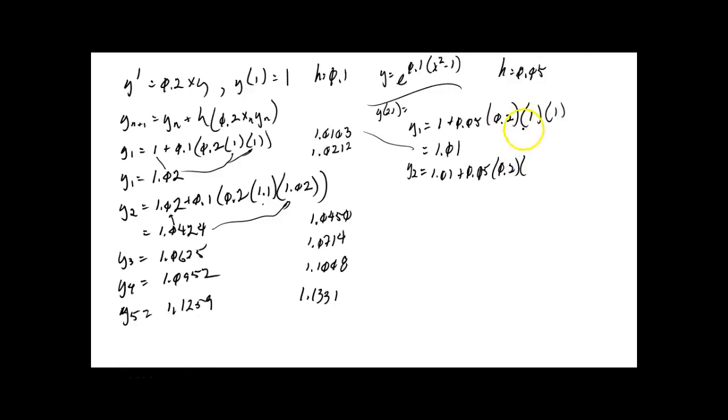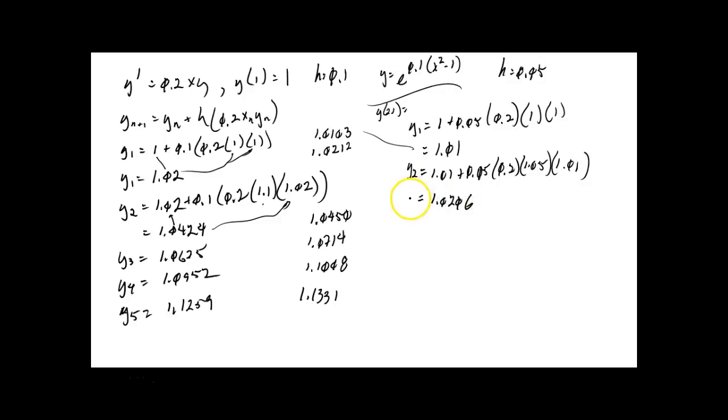Our new x value is 1.05, and the new y value is the one we just calculated, 1.01. Not from there, but from here. Okay, and you crank away at the numbers there. Pretty easy calculations. And you get 1.0206.